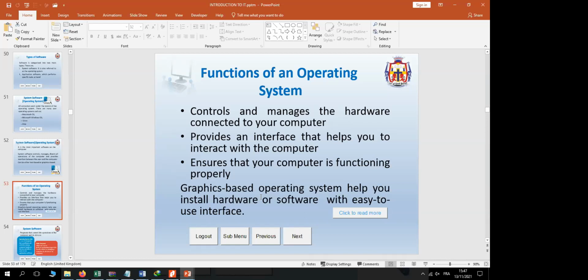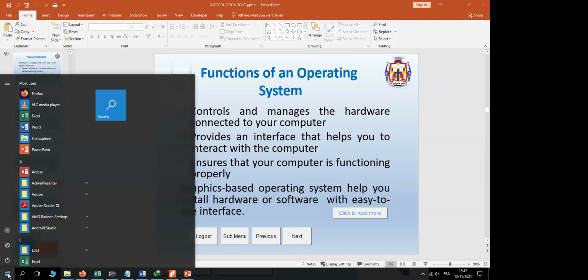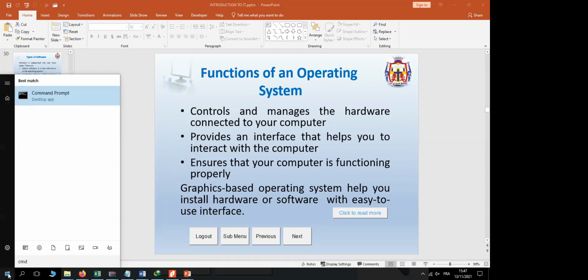So graphical user interface is the one that we always use the most, whereby you just point on graphics and pictures. Just like, for example, if you want to navigate to the next slide, I'll just look at this picture here and click, okay? Whereas with command line interface, ladies and gentlemen, we don't use the mouse. We only use commands. That was the first interface when computers just came.